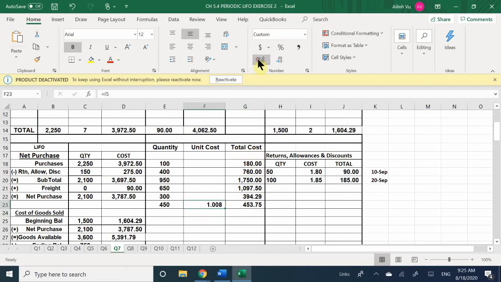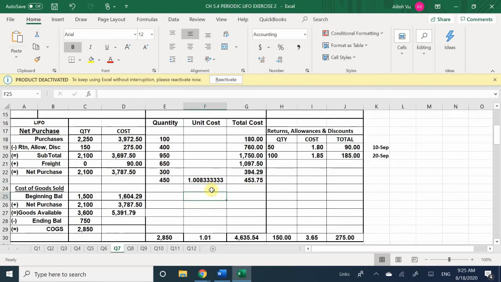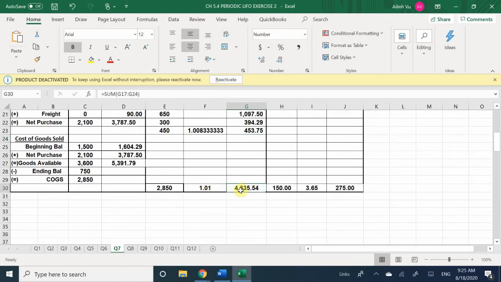I'm going to expand this so you know that you need to keep this in your calculator. Because this is 4, 3, you say 7, 5. Okay, so now that we have this number, we have a grand total of your ending inventory right here.